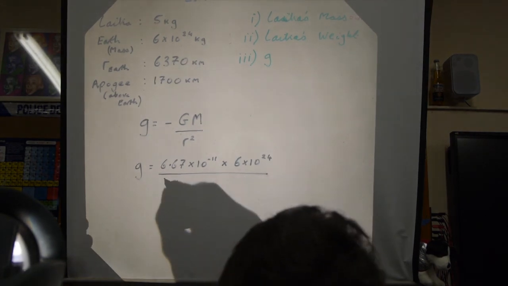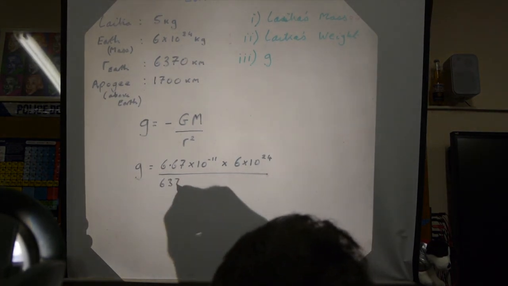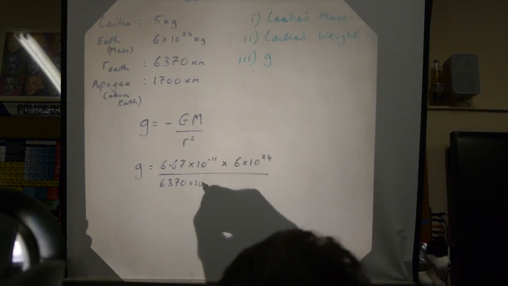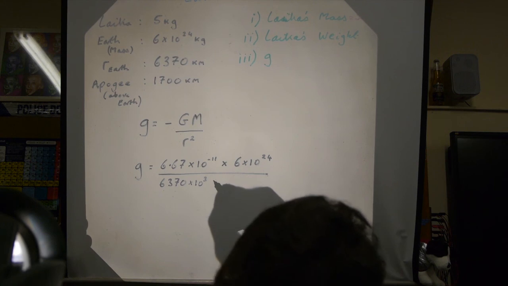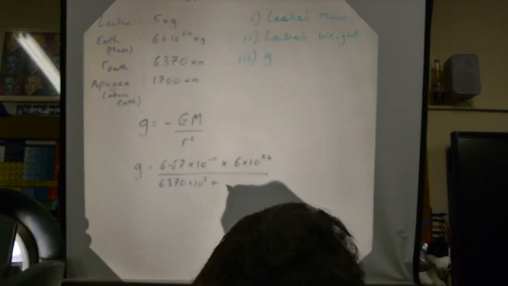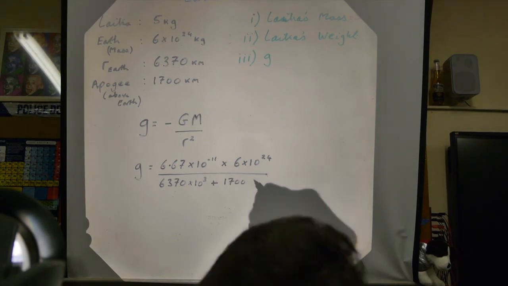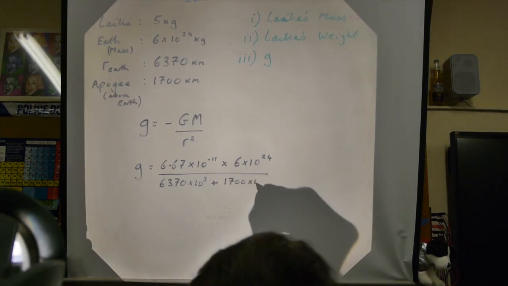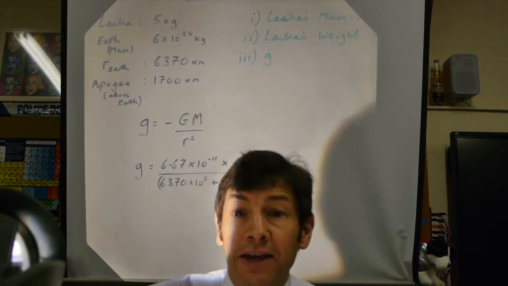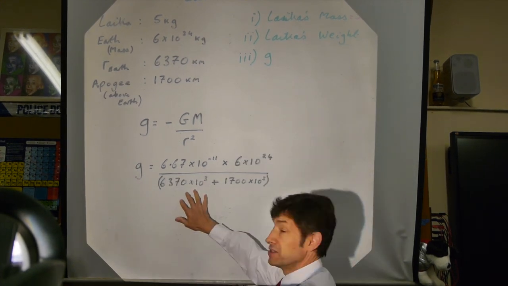The radius of the Earth is 6,370 kilometres, times 10 to the 3 metres. And then she goes up even higher, to 1,700 kilometres. That's your first mistake at A-level: you'll forget to put in the radius of the Earth.